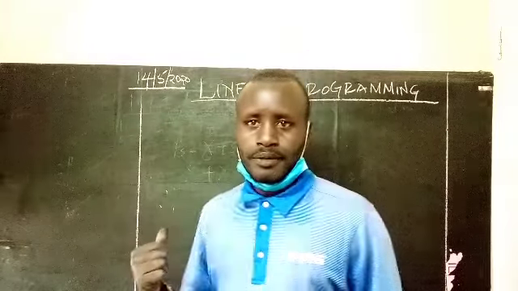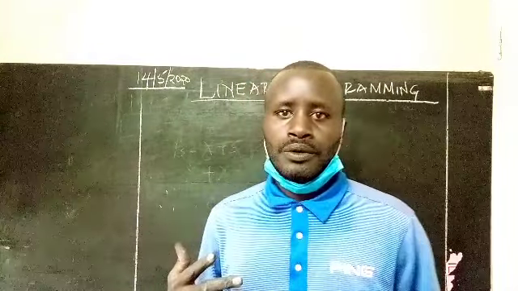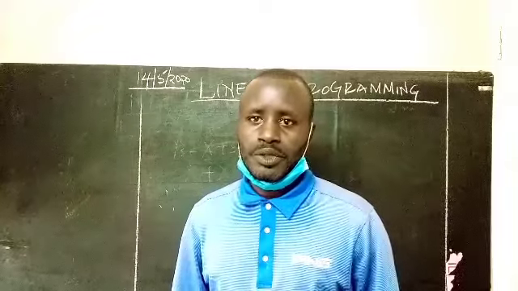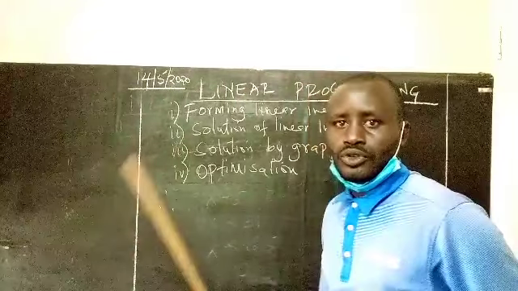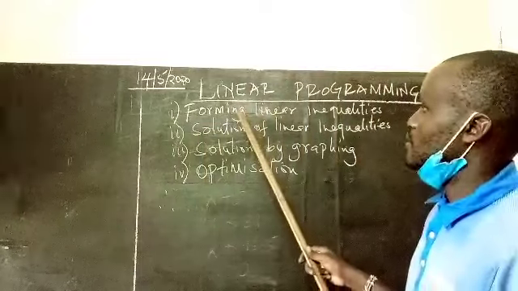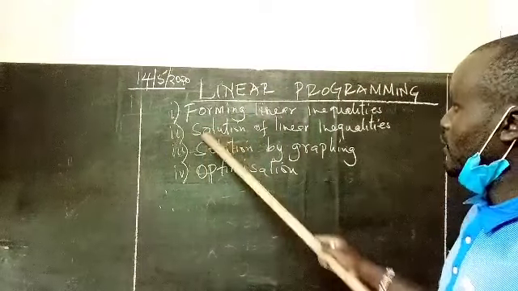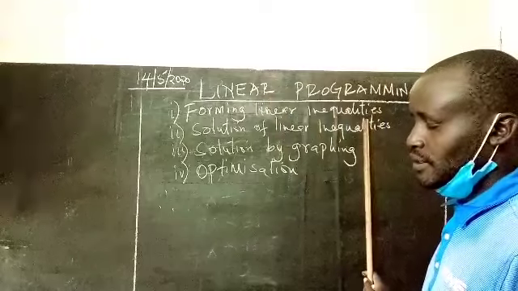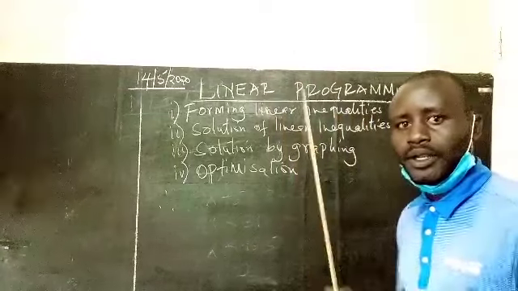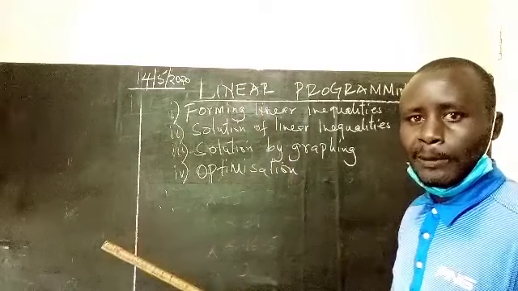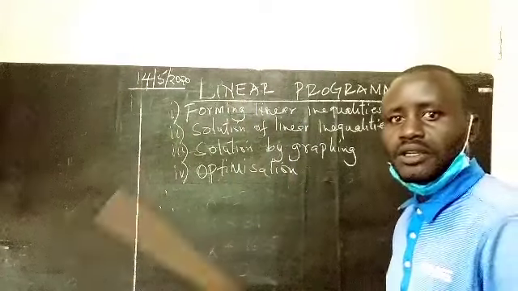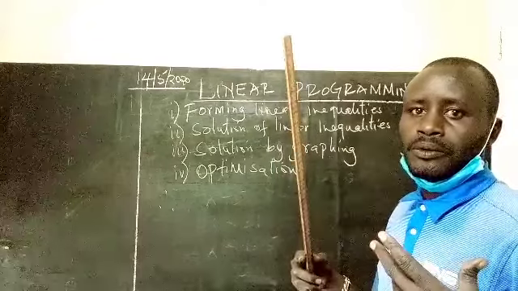In this linear programming, we are going to learn about 4 subtopics, and that is forming linear inequalities. We are going to form linear inequalities, as we've said, using real life situations, like ages, like measurement, like shillings.